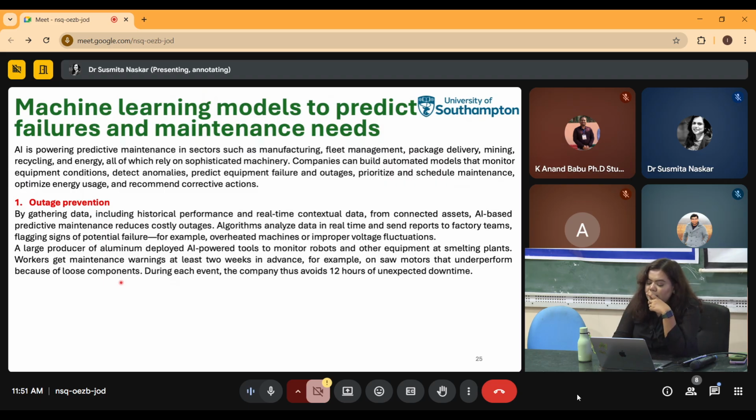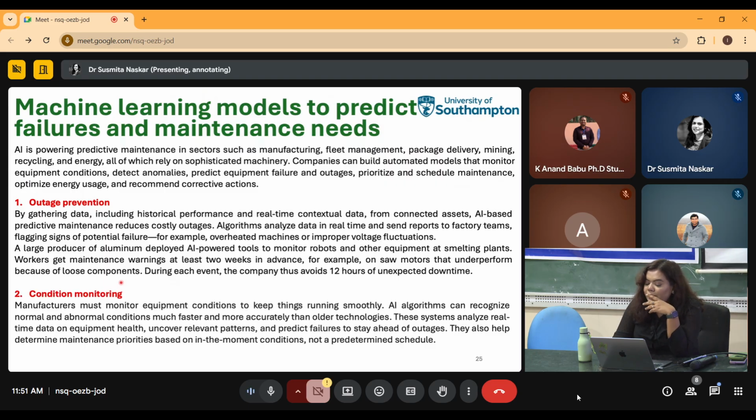Another one is condition monitoring. These machine learning models also revolutionize how manufacturers monitor equipment condition. By using artificial intelligence models, we can recognize both normal and abnormal operational patterns far more accurately than the older techniques. The system analyzes real-time data on equipment health, identifies the relevant patterns, and can predict failures quite early.